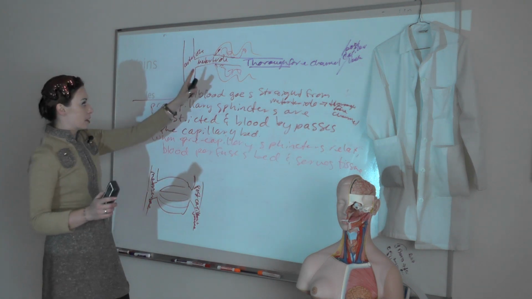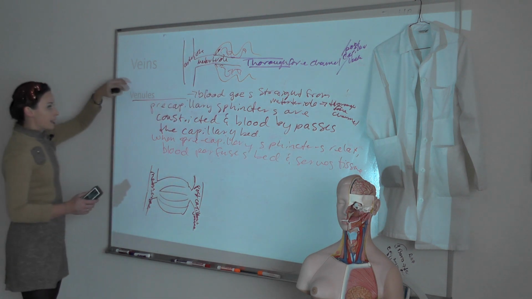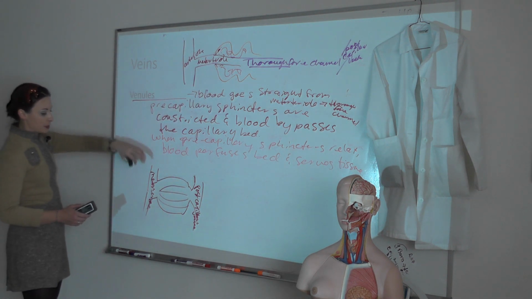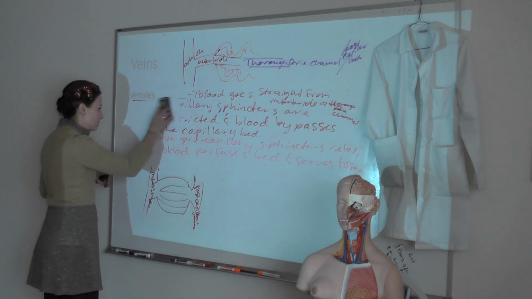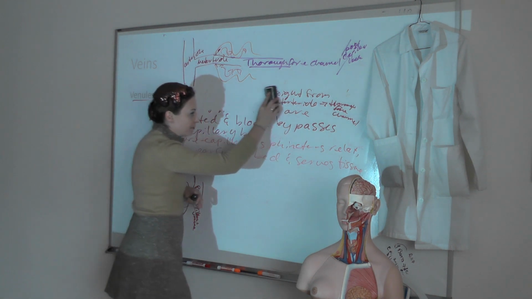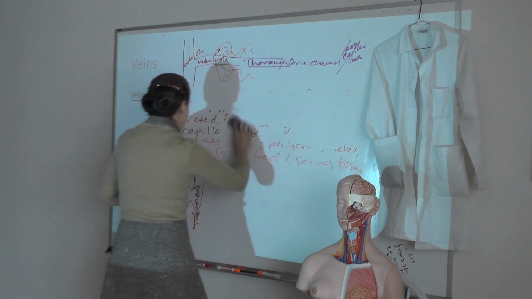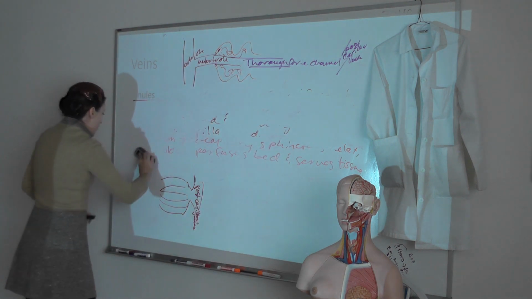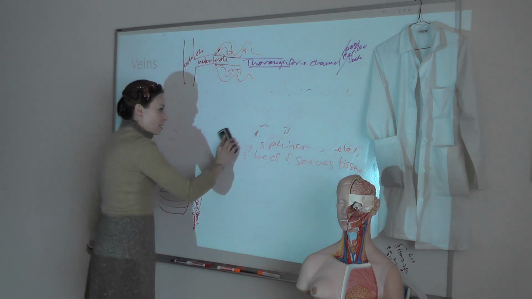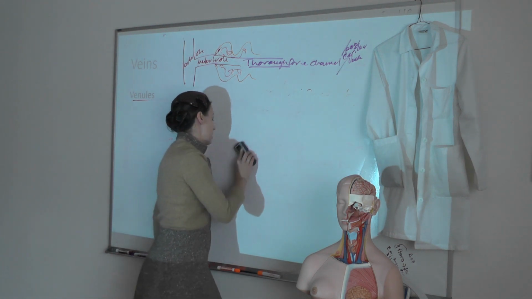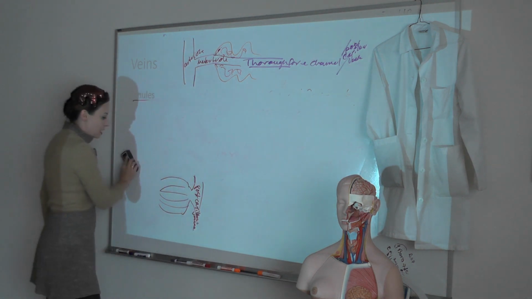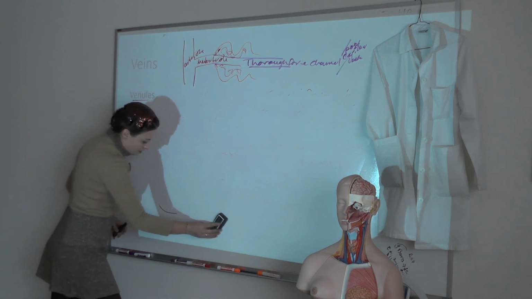After our capillary bed, we're going to enter first into the post-capillary venule, and then those are going to merge together to form little venules that are going to merge together to form veins. So we have small veins, and in our small veins, starting at around 2 millimeters in diameter, we'll start to see the appearance of the valves in the tunica intima.